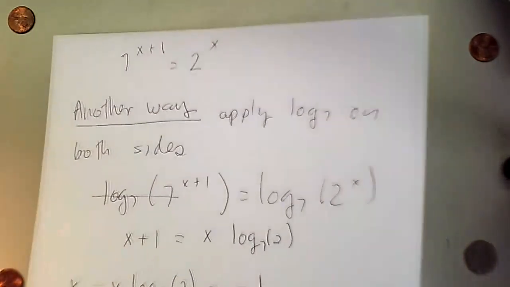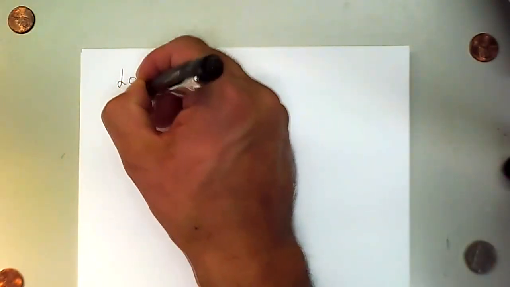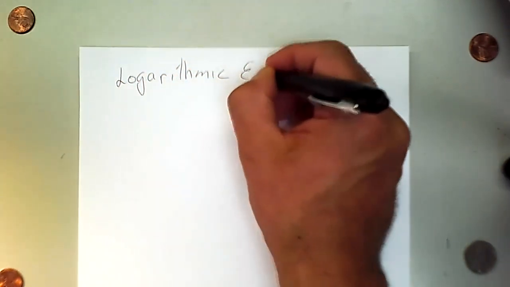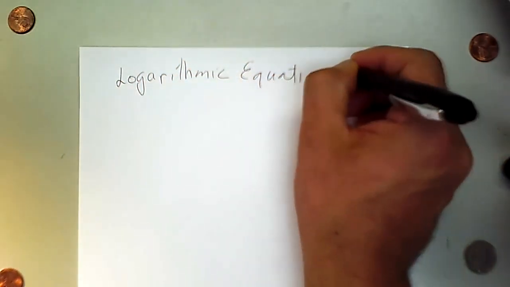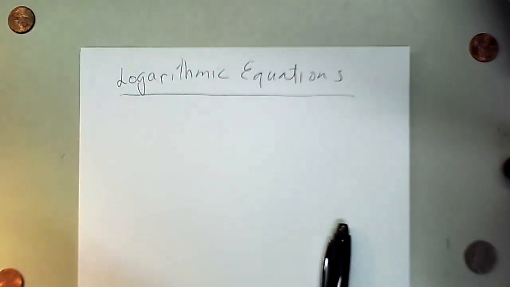We're going to do another kind of equation, logarithmic equations. We haven't done logarithmic equations yet. And we're going to start with some easy ones, and then we're going to move on to more complicated ones.